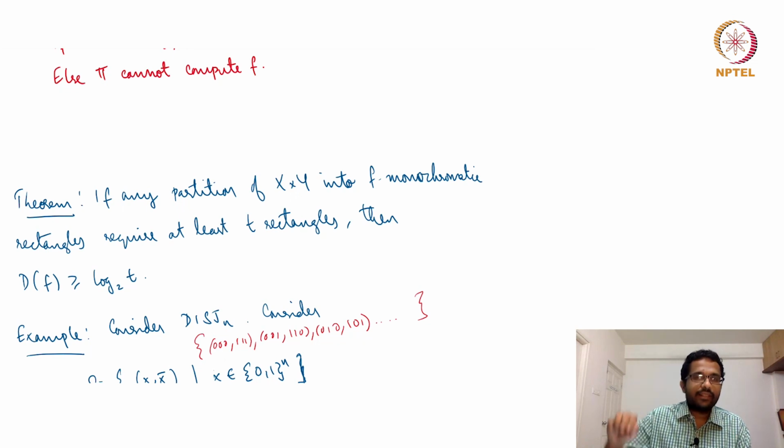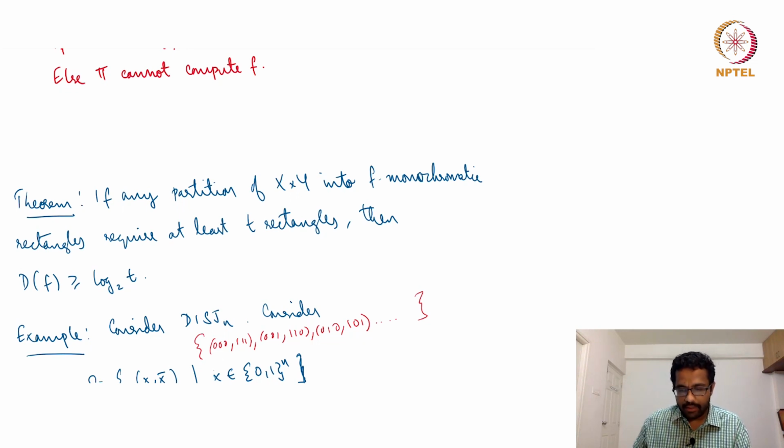That means you cannot divide it into 999 rectangles. Any way you try to divide, you need at least 1000 rectangles. Meaning, any protocol for the function must have at least 1000 leaves. So the tree must be sufficiently deep. You should go up to depth log 1000, which to the base 2 is at least 10, right?